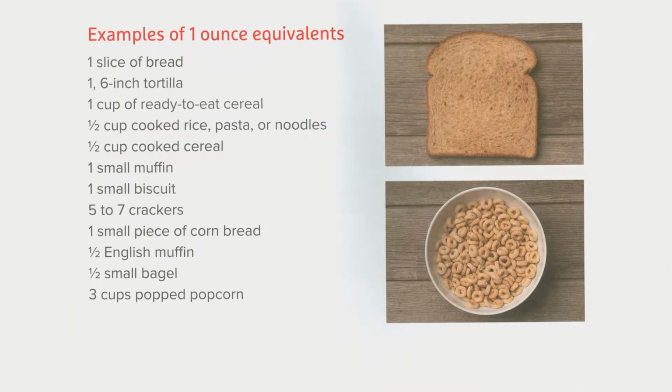So some more examples of ounce equivalents. 1 ounce equivalents here are 1 slice of bread, 1 6-inch tortilla, 1 cup of ready-to-eat cereal, ½ cup of cooked rice, pasta, or noodles, ½ cup of cooked cereal, such as oatmeal, 1 small muffin, 1 small biscuit, 5 to 7 crackers, 1 small piece of cornbread, half of an English muffin, half of a small bagel, or 3 cups of popped popcorn.